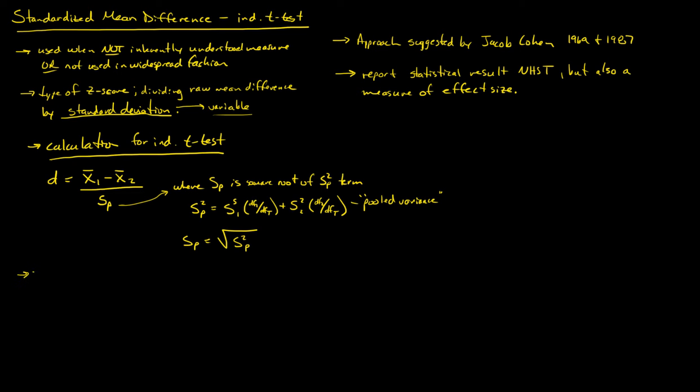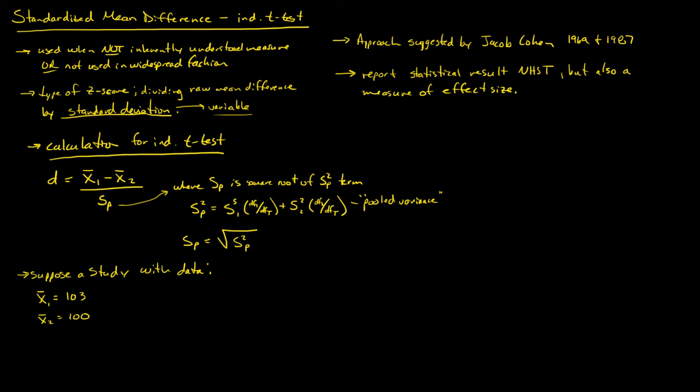So let's suppose a study with the following data. The mean of group 1, we're going to go back to this 103 again. The mean of group 2 is 100.